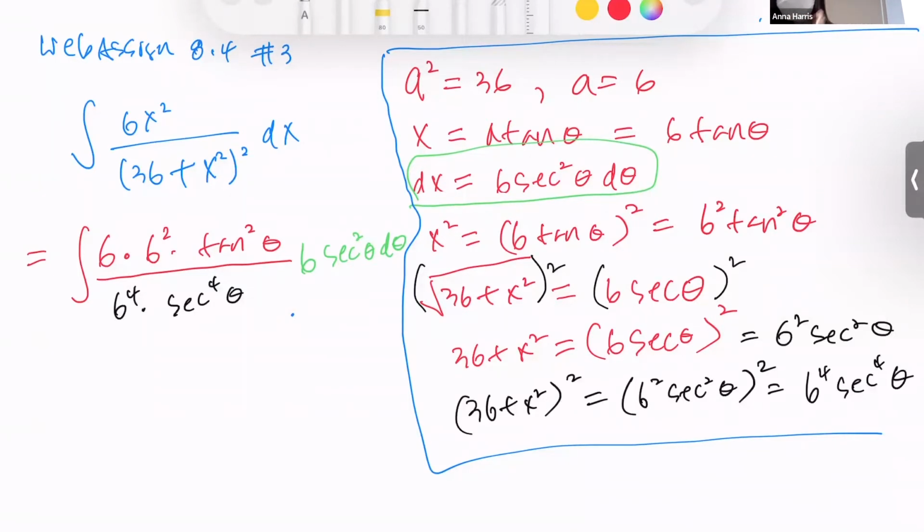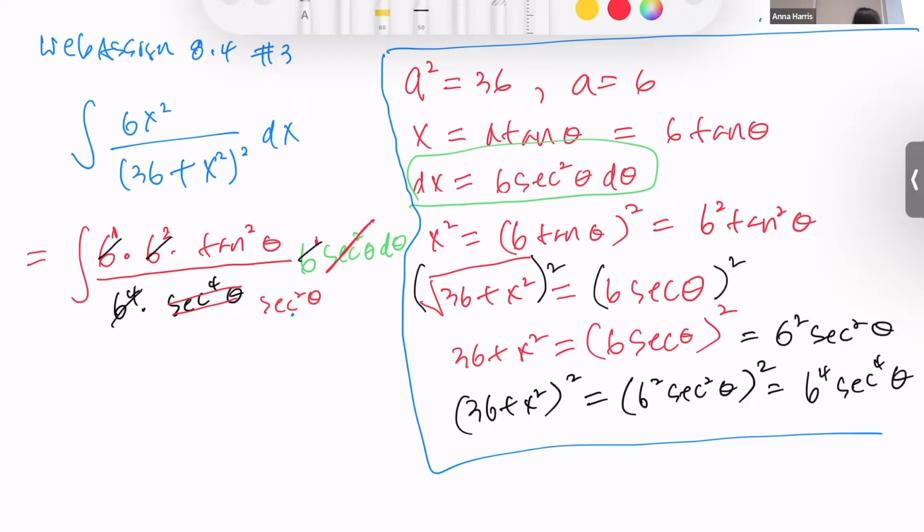Okay, it's better to show more work than not enough. Okay, now can I cancel out things? You're gonna say, okay, I see it. I have a square, and this becomes how many now? Just have a square left, right? Because I took away 2 of them. What else? You have 6 to the 1, 6 to the 2, and 6 to the 1. How many 6 to the 4? You have in the numerator 6 to the 4, denominator 6 to the 4, so I can simply cancel out everything, right? This and that cancel out.